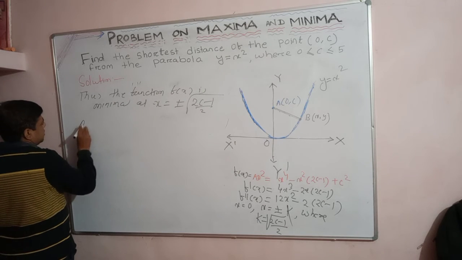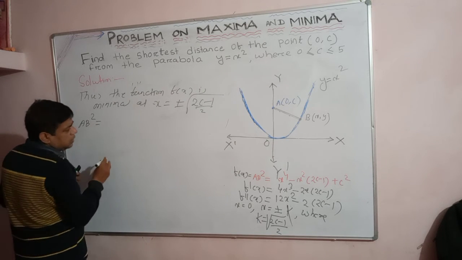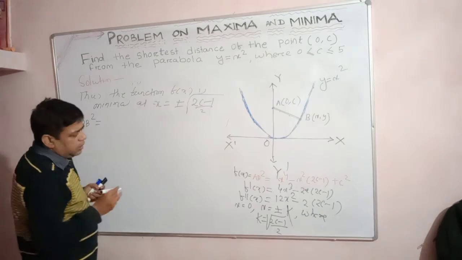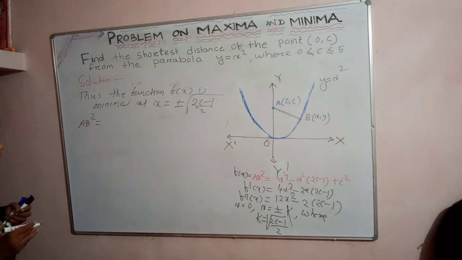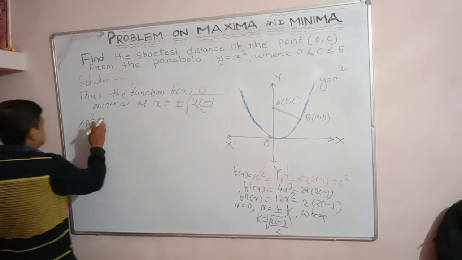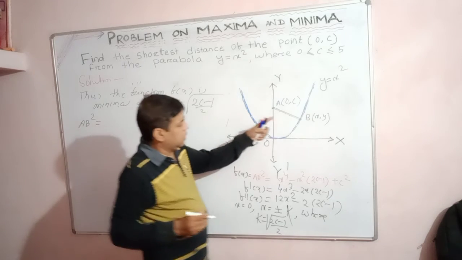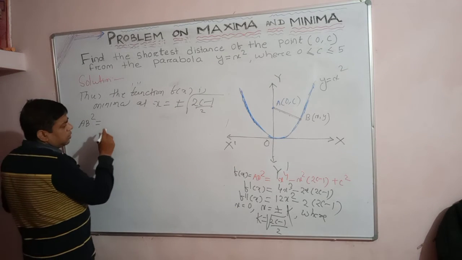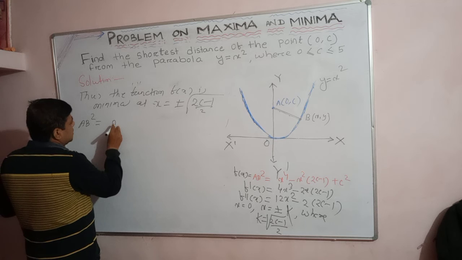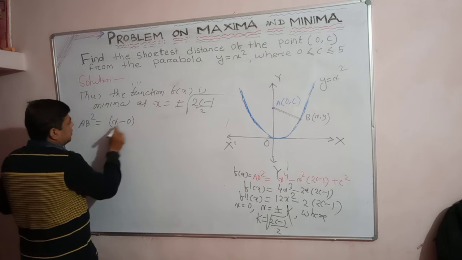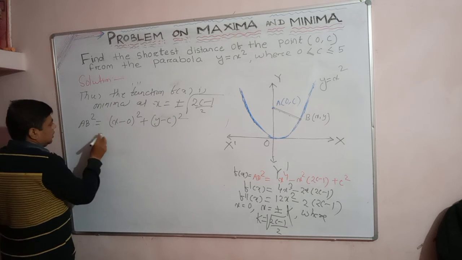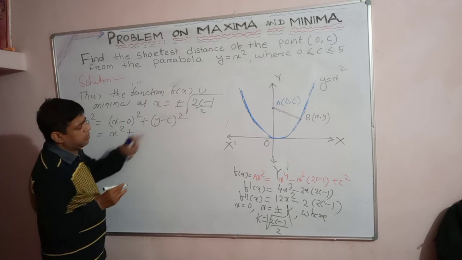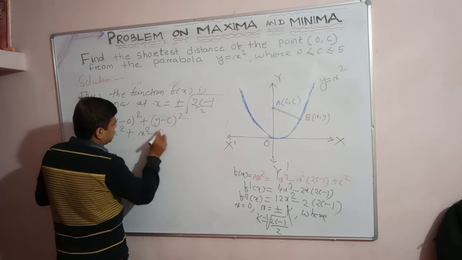Now you see, AB square is equal to x minus 0 whole square plus y minus 0 whole square. That is equal to x square plus, in place of y, x square minus c whole square.